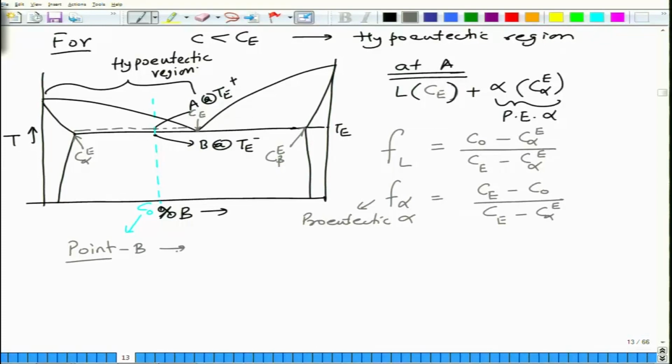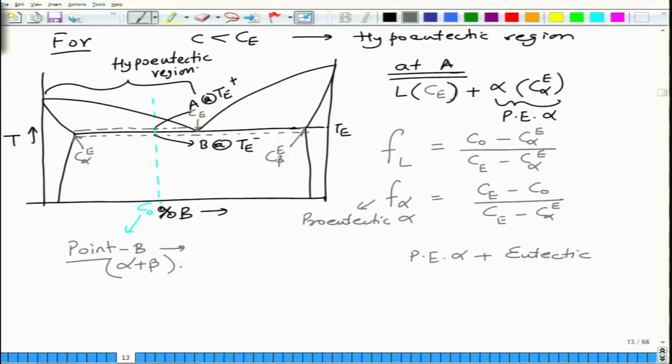you have two options. Either you describe the microstructure as alpha and beta, or you describe it as pro-eutectic alpha plus eutectic. When you describe it as just alpha and beta, you draw the tie line and look at its intersection with the alpha and beta solvuses.